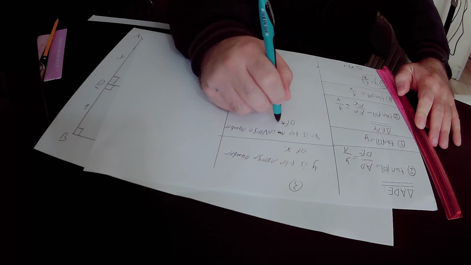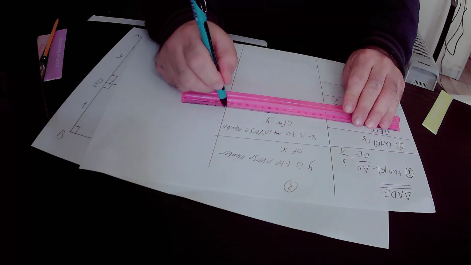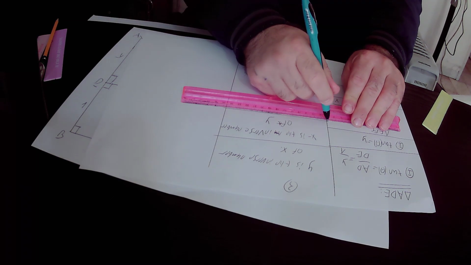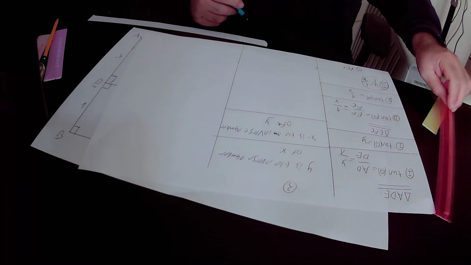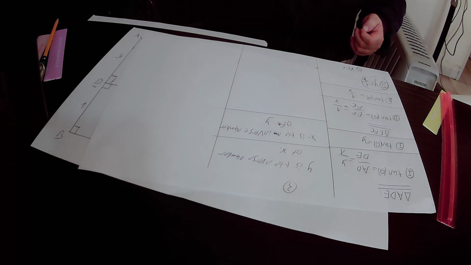It means that if, for example, y equals 5, then x must be equal to 1 over 5. Or if x equals 4, then y must be equal to 1 over 4. Okay?